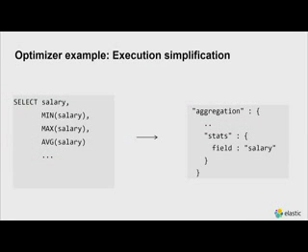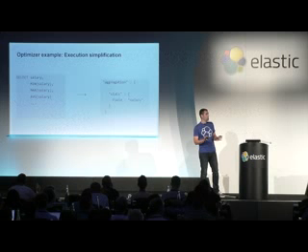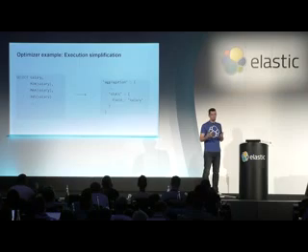But there are also things that are highly specific to Elasticsearch. If I do select salary minimum, maximum, average, those are 3 aggregations. But we can map that to only one aggregation, namely the stats aggregation, which already includes that. Elasticsearch is fairly fast, so it wouldn't necessarily be slow, but still, having one aggregation instead of 3 makes things faster.